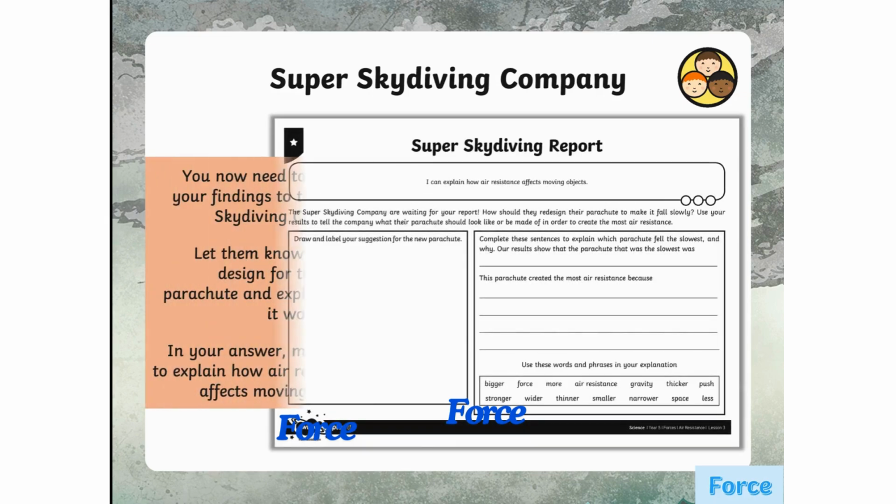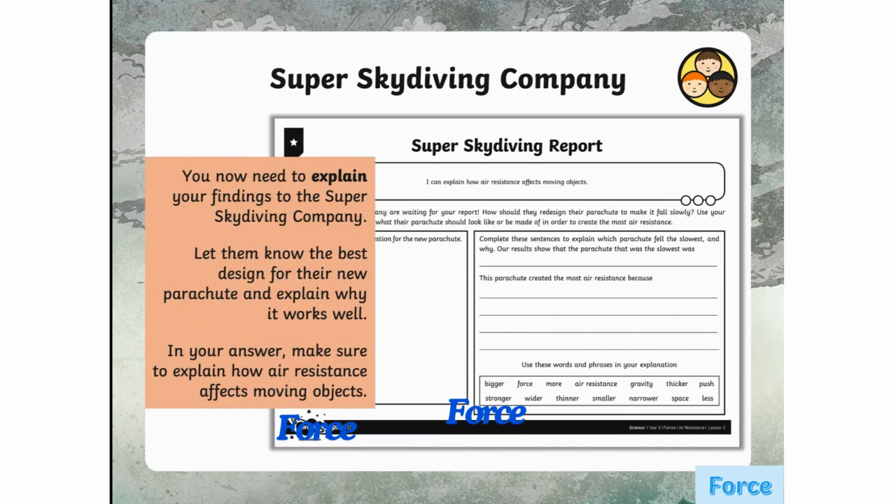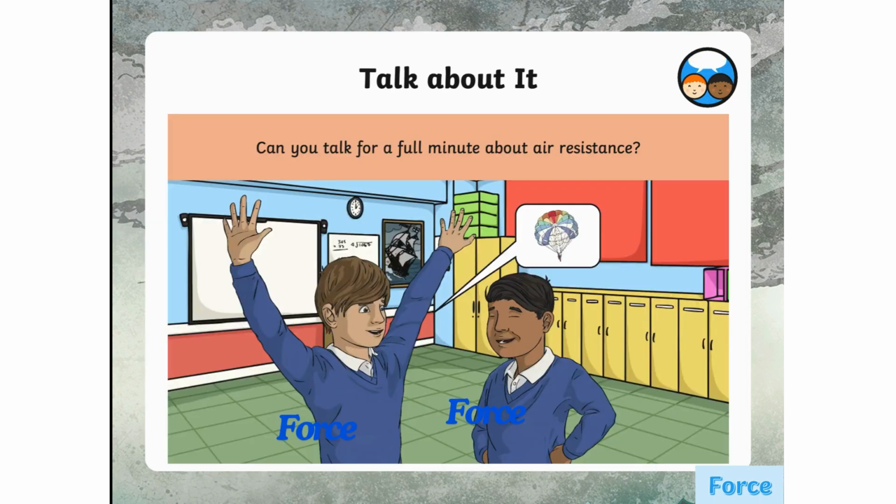Now, after, I hope you have planned it well and done it, now you will explain your findings. I will attach the sheet for the same, okay, and talk about it.